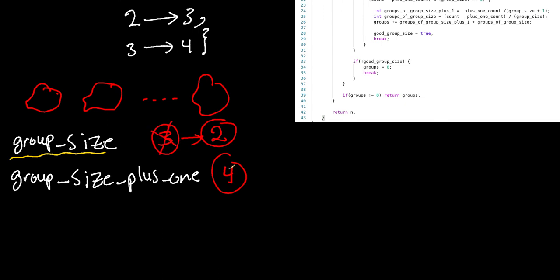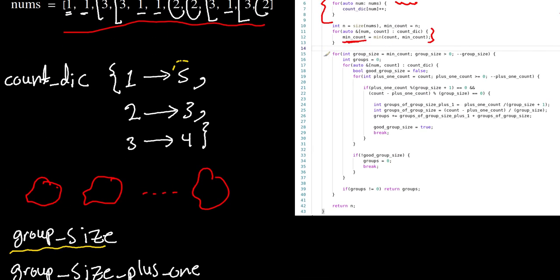So if we cannot split into group size 3 and 4, we need to check with 2 and 3. If we fail, we need to check with 1 and 2. So this is what we are doing in this loop.